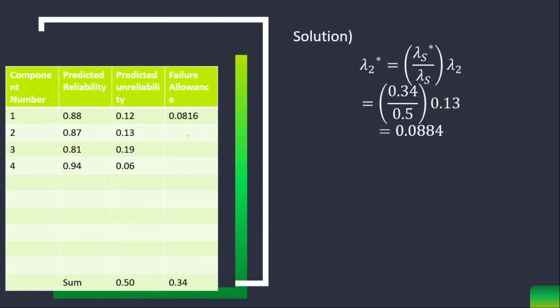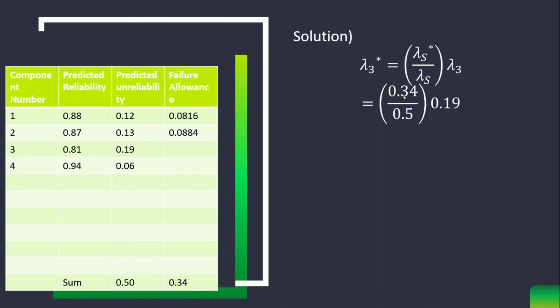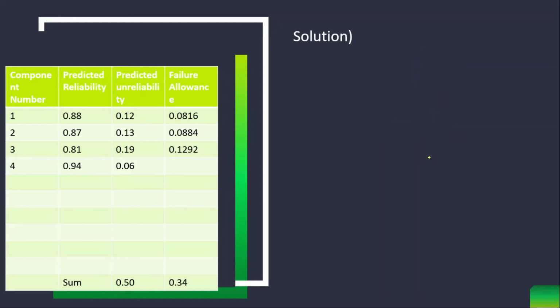So lambda 2 star is equal to 0.0884. Now lambda 3 star is equal to lambda S star divided by lambda S into lambda 3, that is 0.34 divided by 0.5 into 0.19, which is equal to 0.1292. So lambda 3 star is equal to 0.1292.